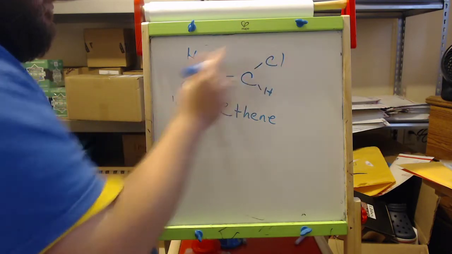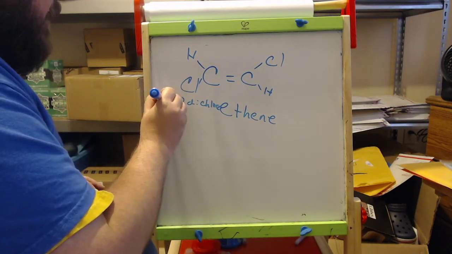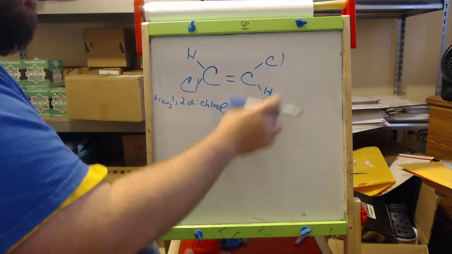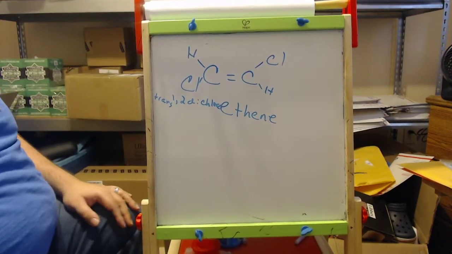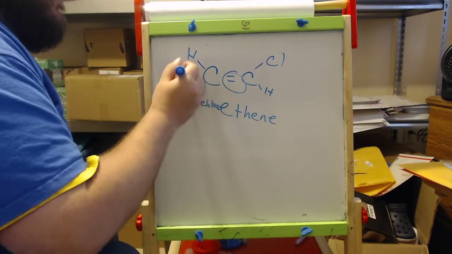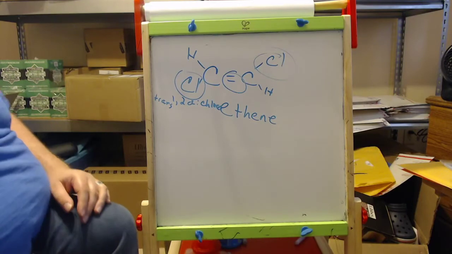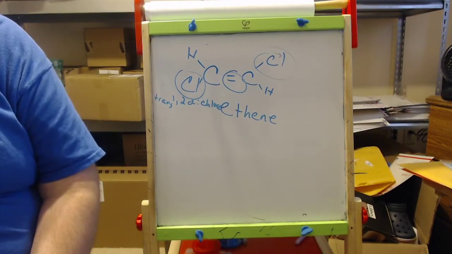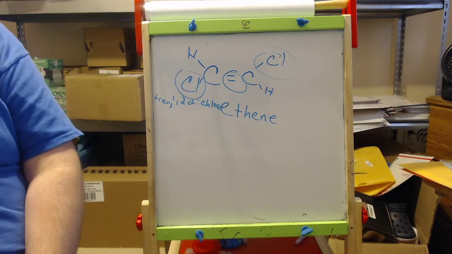And since they're across from one another, trans. So this is trans-1,2-dichloroethene. But I need a double bond. I need two different things to be bonded in order for cis and trans, or stereo or geometric isomer. Okay.